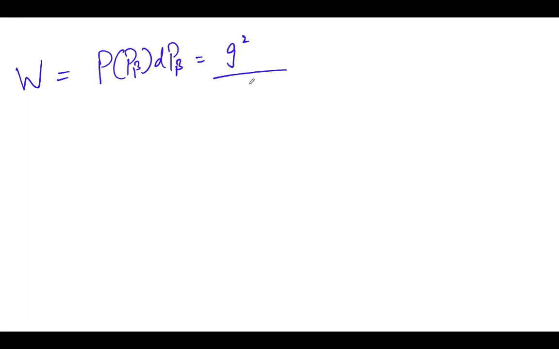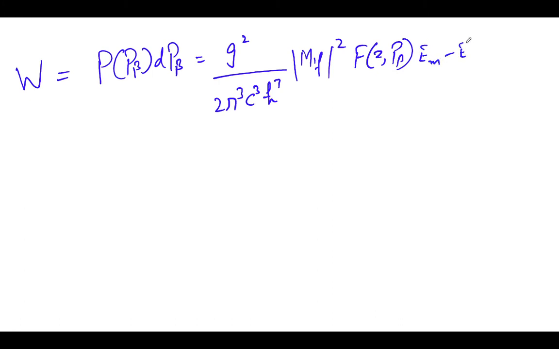So I will rewrite this equation: 2 pi cube c cube h bar 7, f of Z, PB, EM minus EB square into dP.